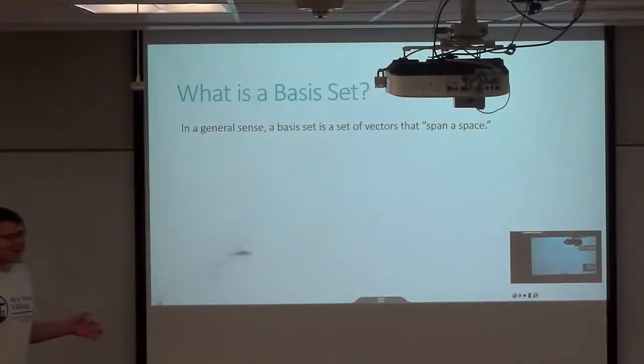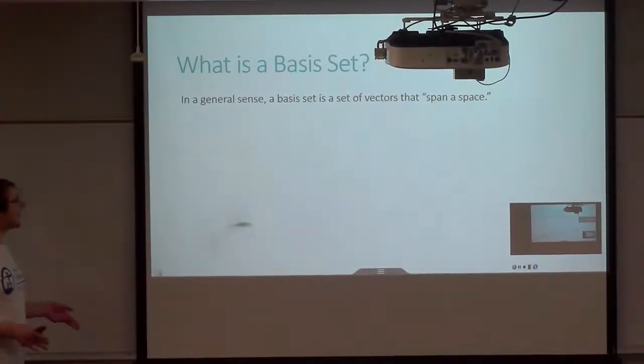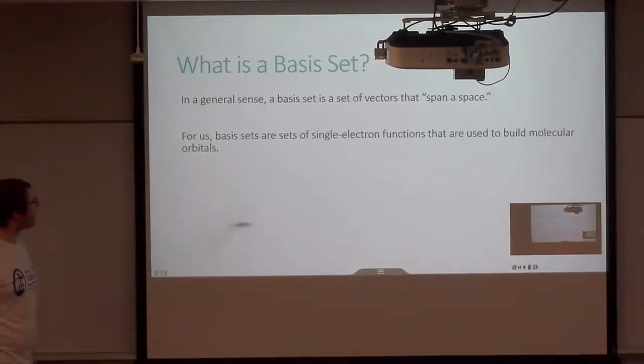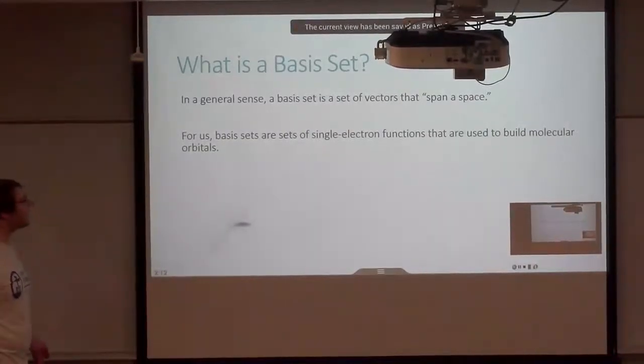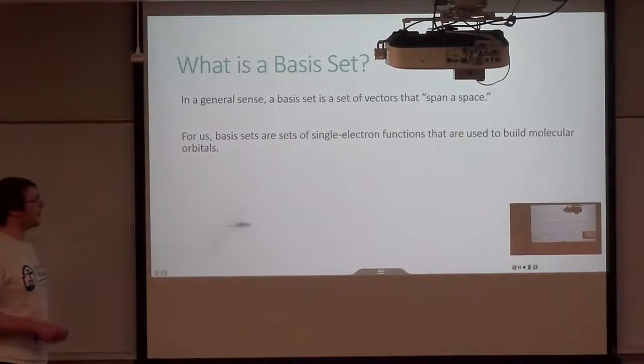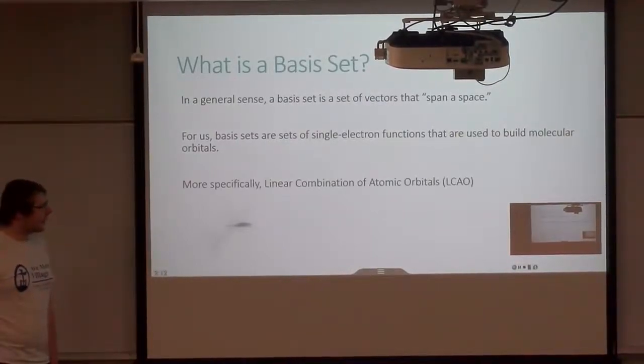Generally a basis set is simply a set of vectors that span a space, or that can be used to define any space. But for us, basis sets are sets of single electron functions that are used to build molecular orbitals. In other words, we use linear combinations of atomic orbitals to create our molecular orbitals.